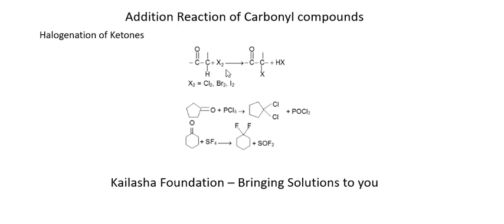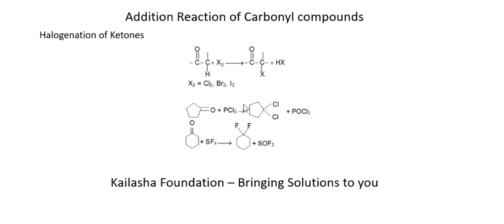It is interesting to know that the attack takes place on the carbon which is next to the carbonyl carbon. The attack does not take place on the carbonyl carbon. So this is an important thing to notice, that the attack takes place on the carbon adjacent to the carbonyl carbon, or we can say the alpha carbon.